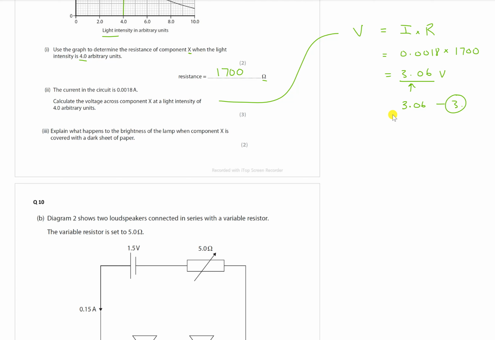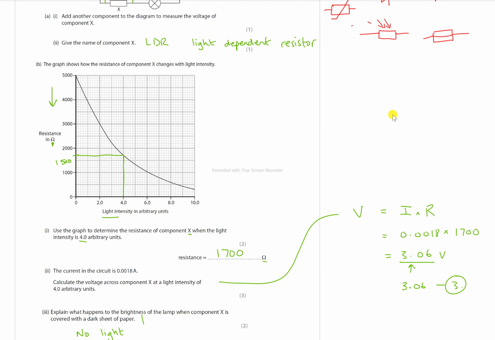Right, explain what happens to the brightness of the lamp when it is covered with a dark sheet of paper. If you cover it, there's no light coming in, so the light intensity is down here.